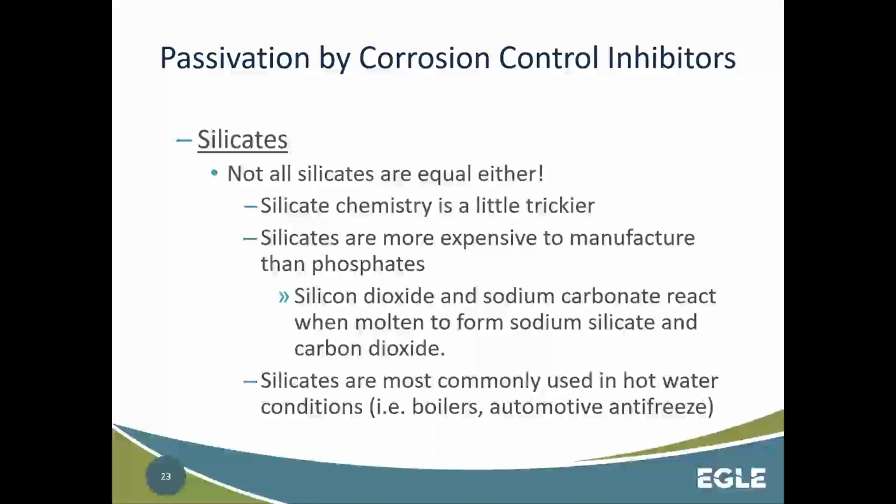It takes an immense amount of heat to make that silicate compound. Because of that, they're used in hot water conditions, whether it's boilers, automotive antifreeze, things like that, because they're a more robust compound, even though they're not necessarily as good a corrosion inhibitor when we're talking about just drinking water itself.